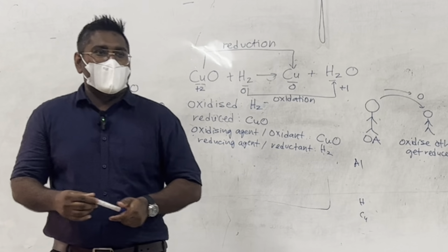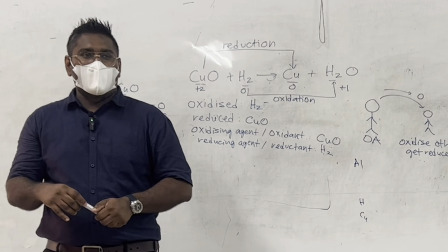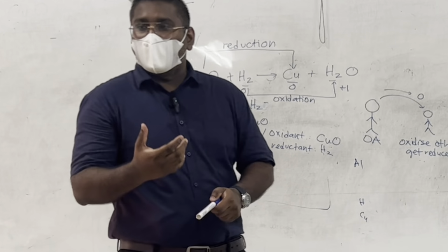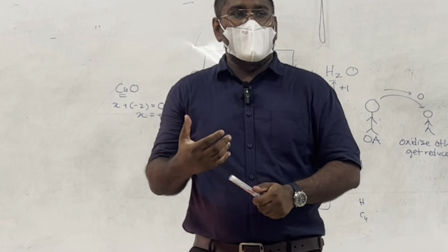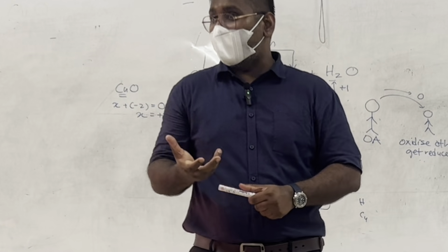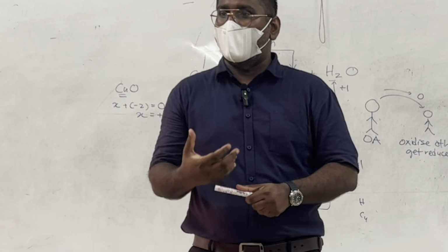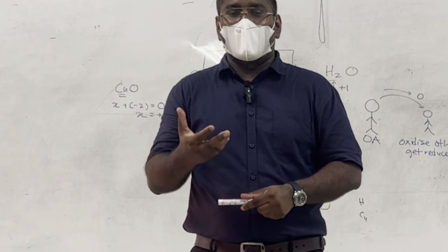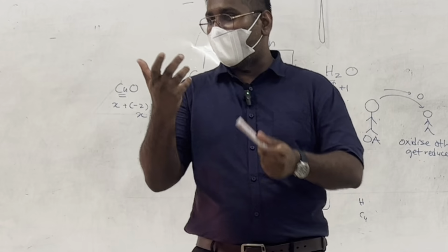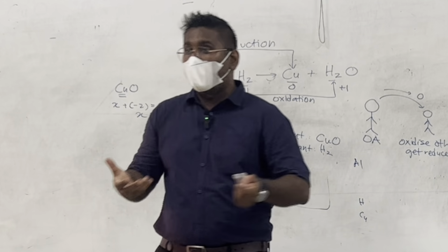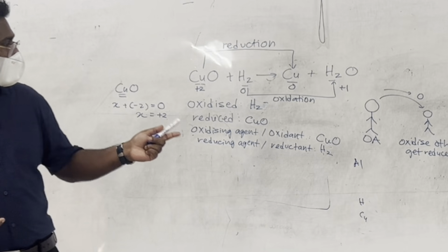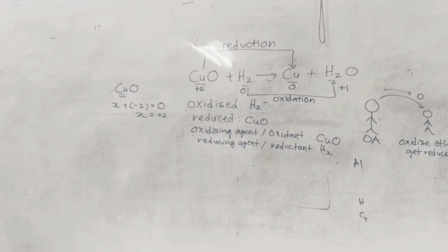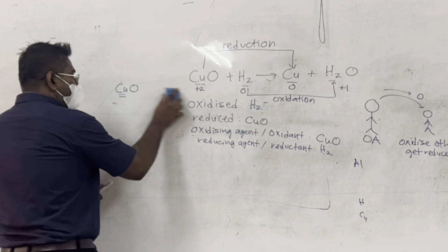For example, extraction of iron, you get it in the form of ore, where you extract by using carbon, or they call it coke, and then carbon you can use to extract Fe. So you have different ways of extraction. For copper, you can straight away use hydrogen, but hydrogen is not suitable for everything. That's the reason.